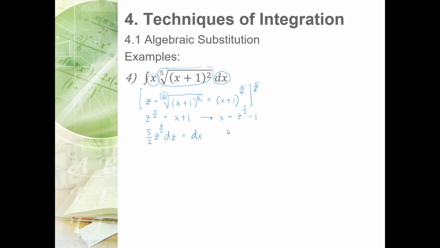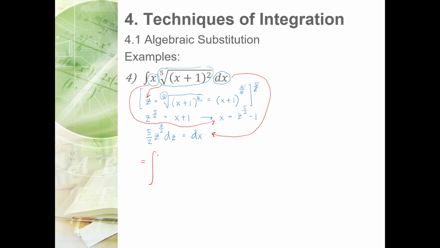All right. So again, dx is this term here. The fifth root becomes the z parameter. The x parameter becomes this one here, z to the 5 halves minus 1.